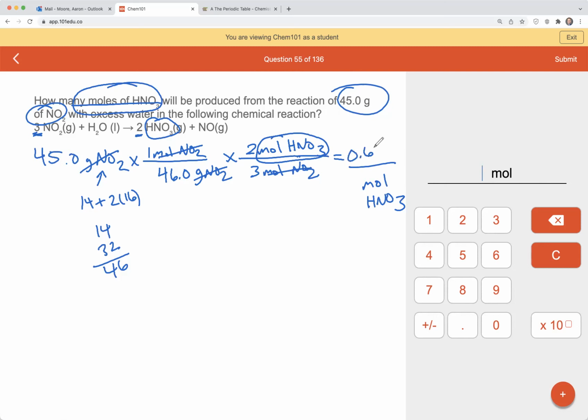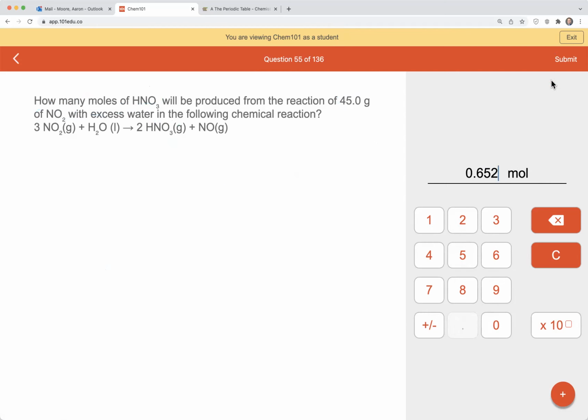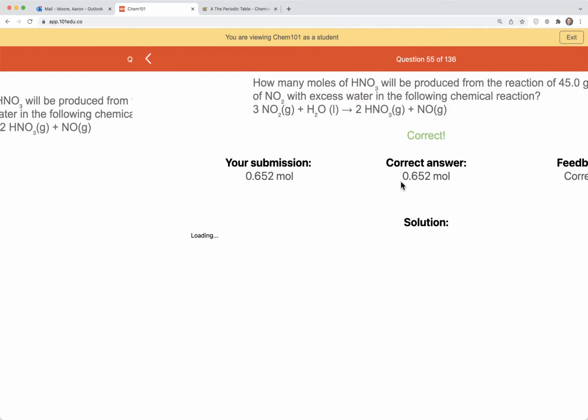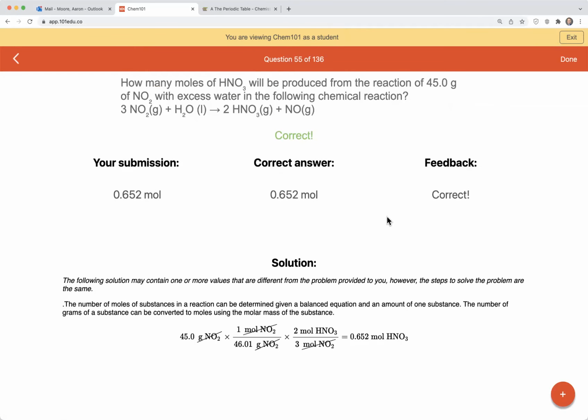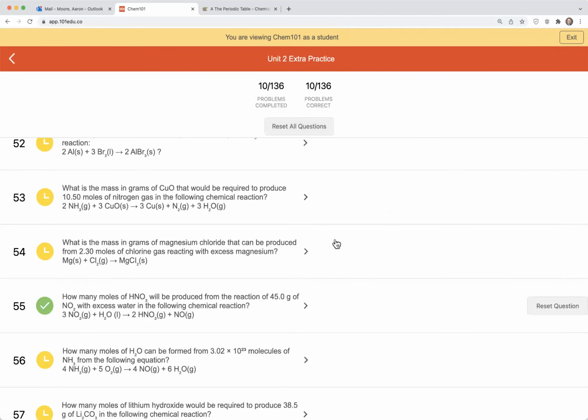So 0.652 moles of HNO3, okay, is what I think the answer is. So let's just punch that in to our answer box over here. So 0.652, clear all that away, submit our work. And once again, we're good to go there. Okay. All right, so that was number 55.